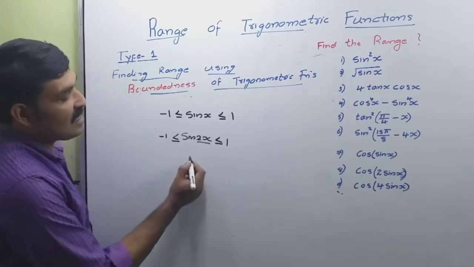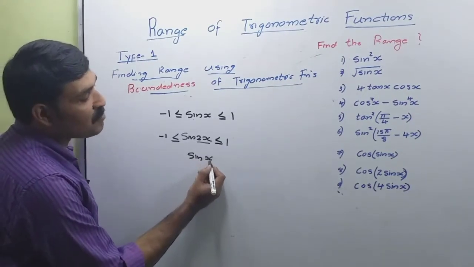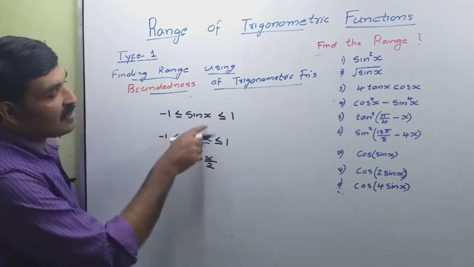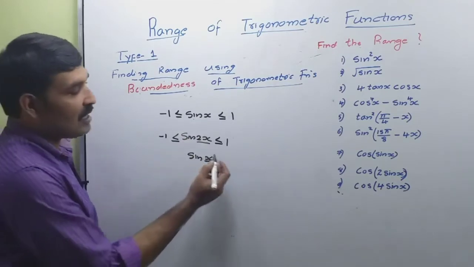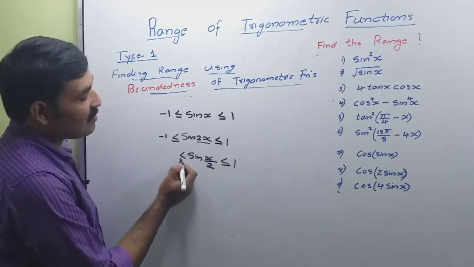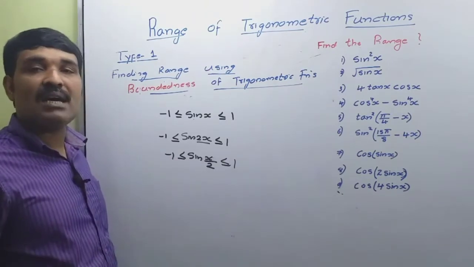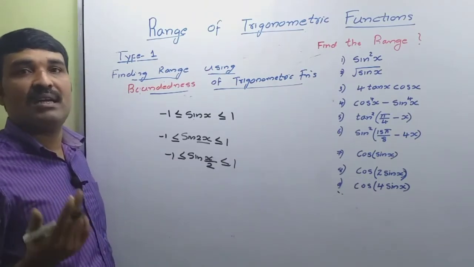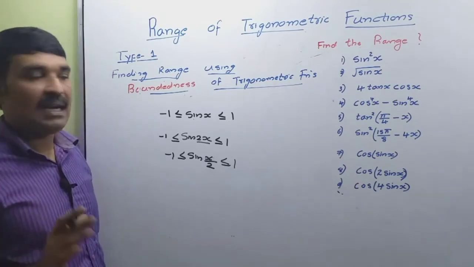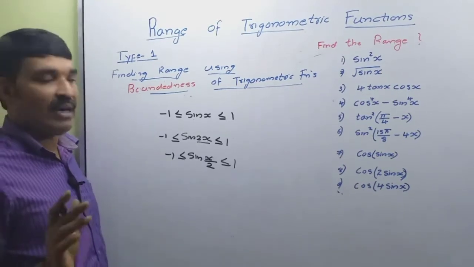Similarly, sine x by 2, where the argument is divided by 2, also comes under minus 1 and 1. This is true in the case of the cosine function, tangent function, etc. So a change in argument does not affect the range.